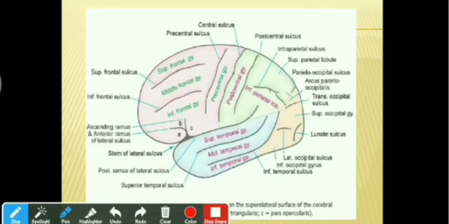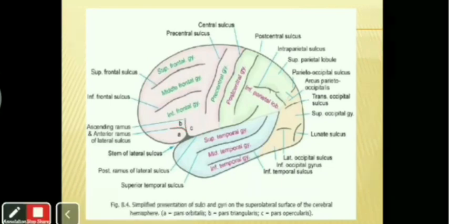The inferior frontal gyrus is also divided by the anterior and ascending rami of the lateral sulcus into three parts. A is called the pars orbitalis, B is called the pars triangularis as it is triangular in shape, and C is called the pars opercularis.